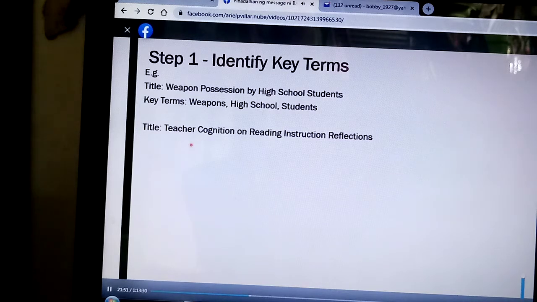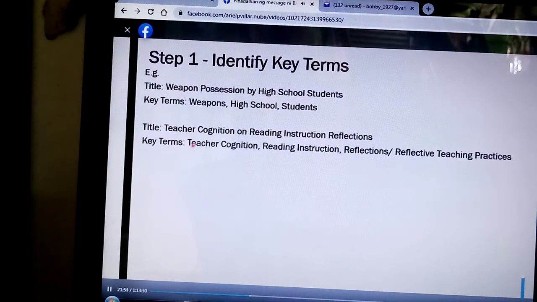Hahanapin ko yung first, the construct of teacher cognition, followed by reading instruction, and then followed by reflections or reflective teaching practices. Ito po yung mga constructs or yung mga subtopics na hanapin ko based on my title.